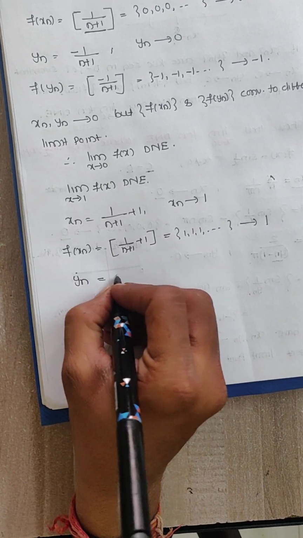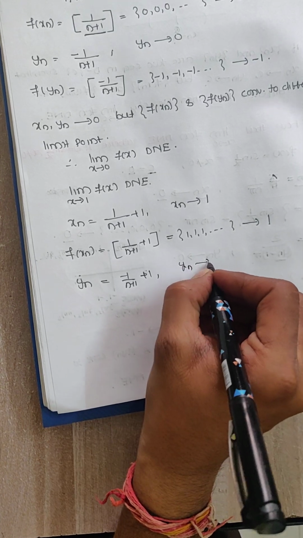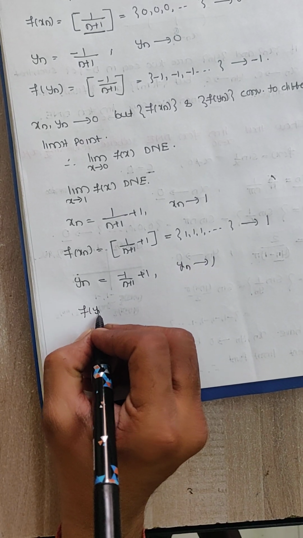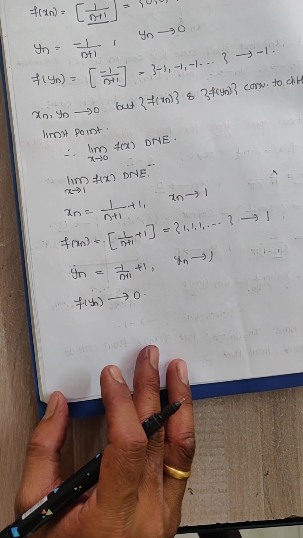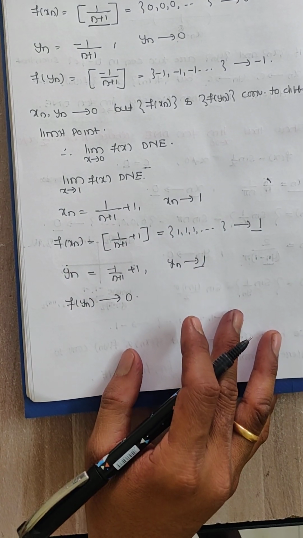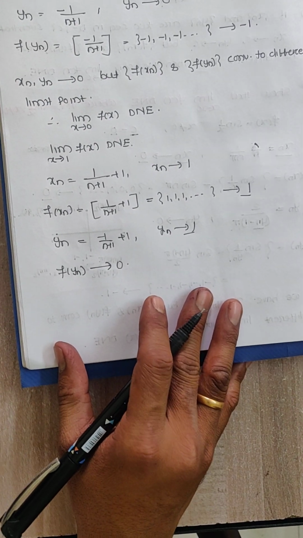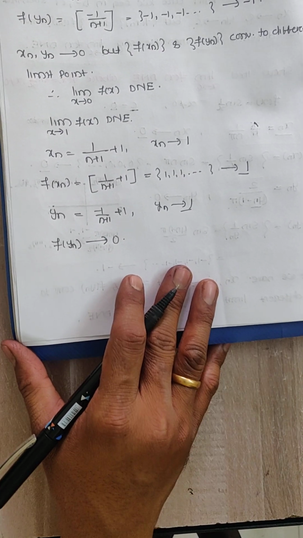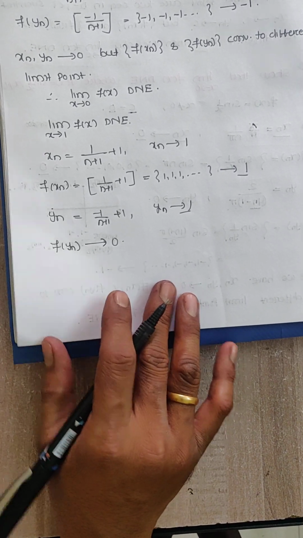And y_n I will take as 1 by n plus 1 minus 1. Again y_n converges to 1, but f of y_n converges to 0. Okay, so we have two sequences x_n and y_n converging to 1, but f of x_n and f of y_n converge to two different limit points. So I can say that limit x tends to 0, f(x) does not exist, or limit x tends to 1, f(x) does not exist.